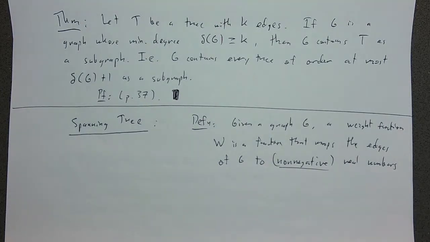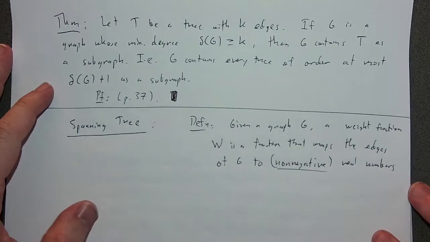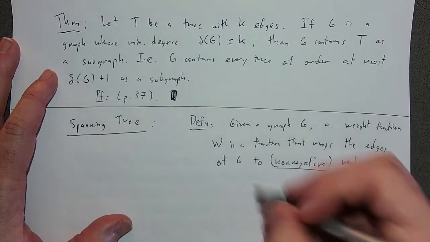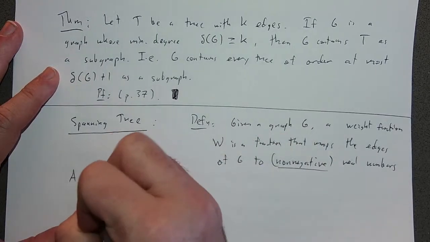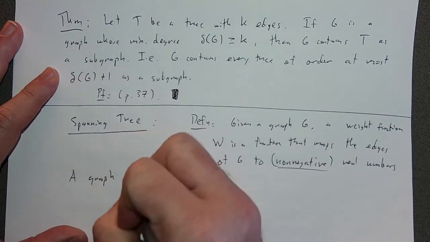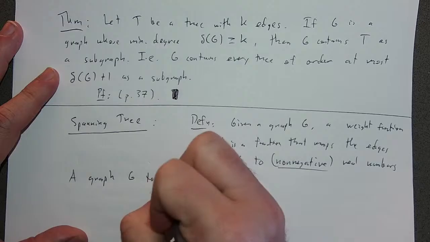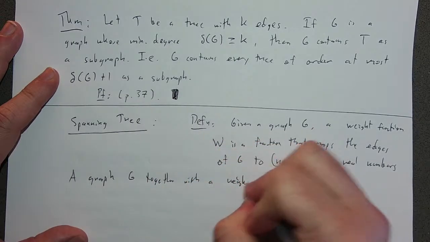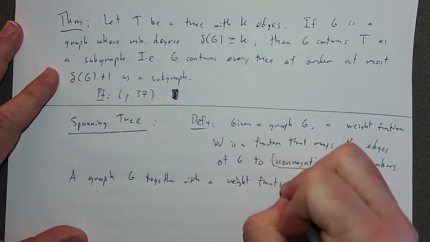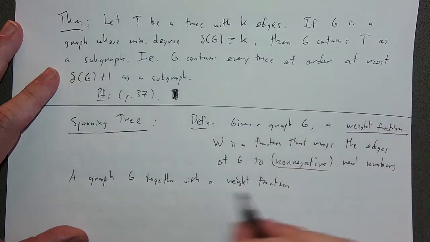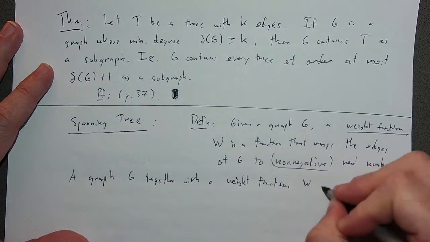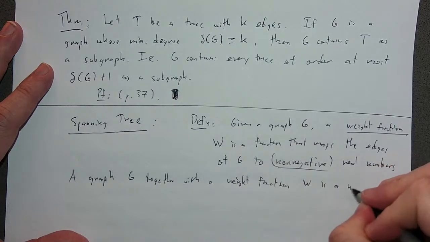There are absolutely applications where having negative weights would make sense. These taken together, a graph G together with a weight function, is a weighted graph. The thing I was defining here is a weight function, but I'm also defining a weighted graph.